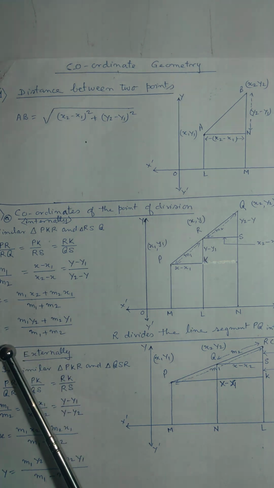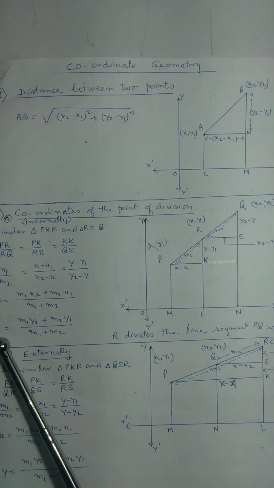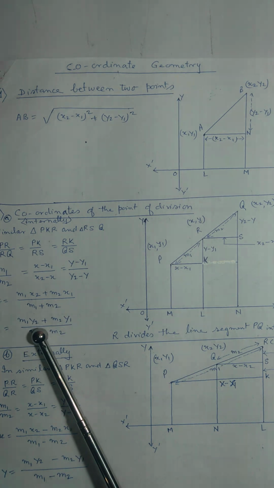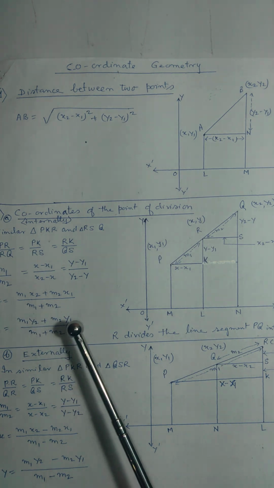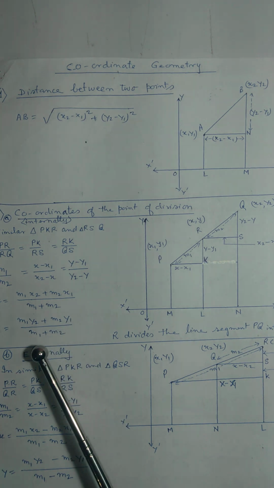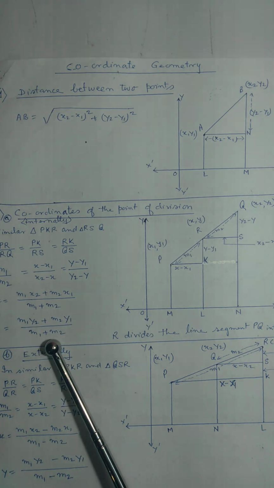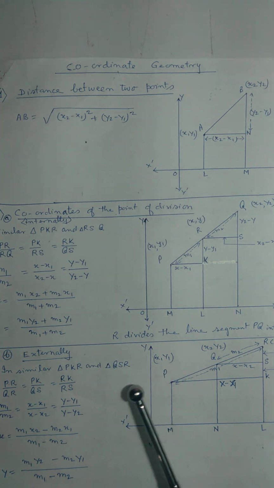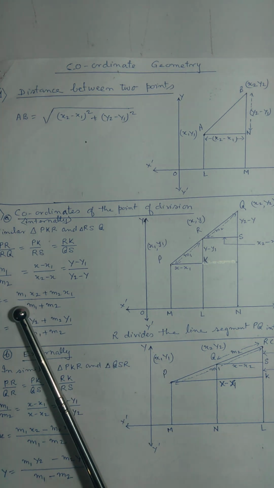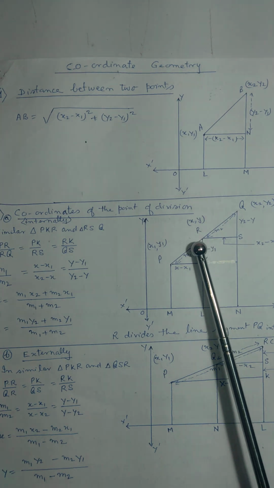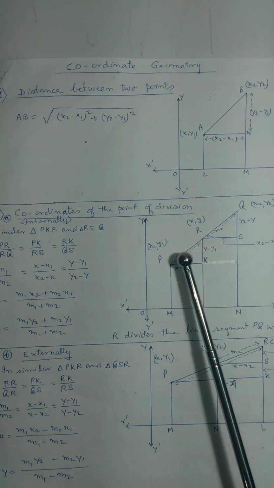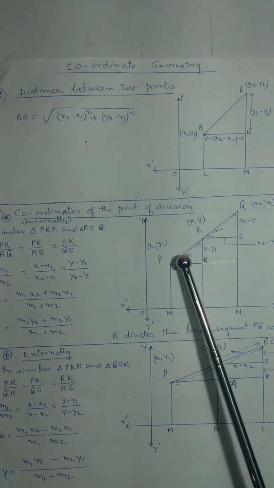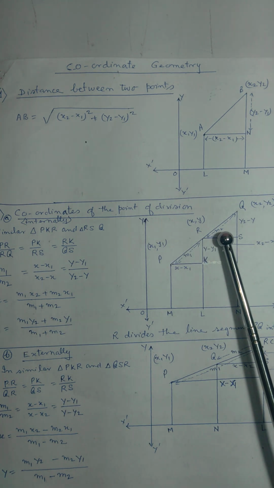And for the ordinate, that is y, for the point R will be (m1 into y2 plus m2 into y1) upon (m1 plus m2). So in this way we can find out the coordinate of the internal point which divides the given line segment in the ratio of m1 and m2.